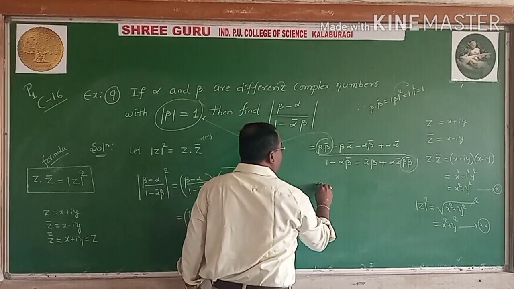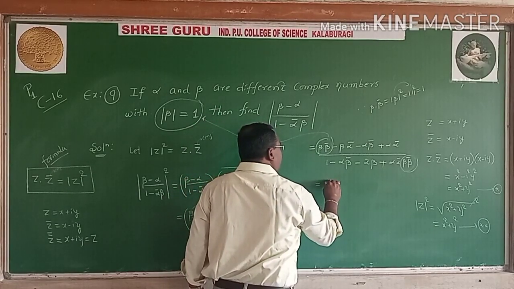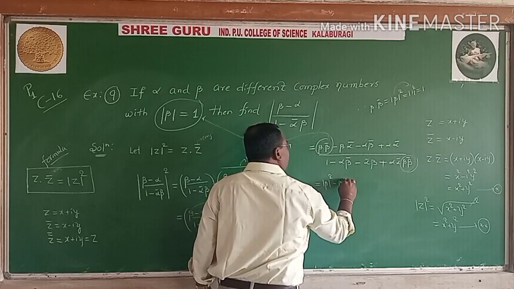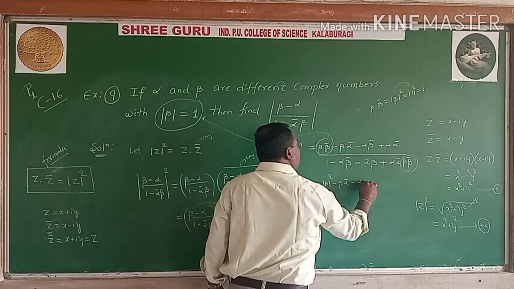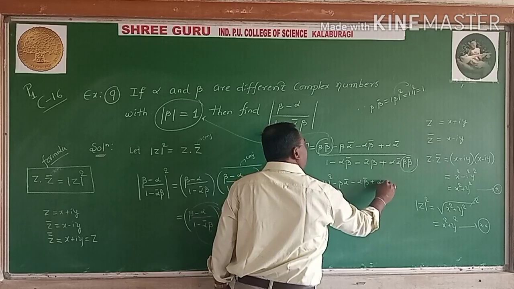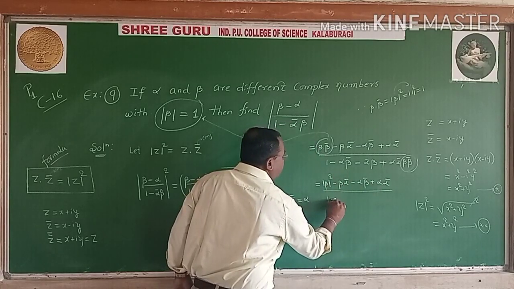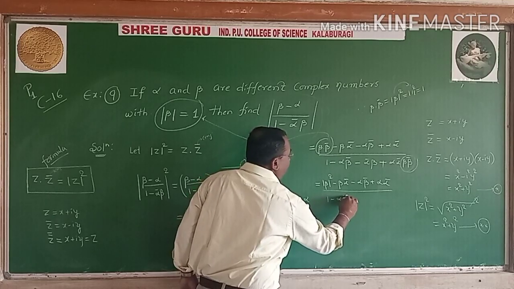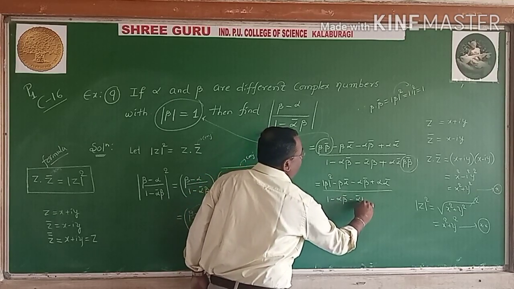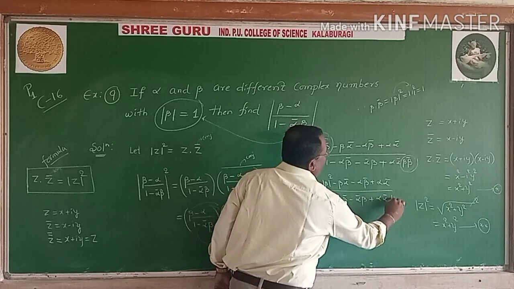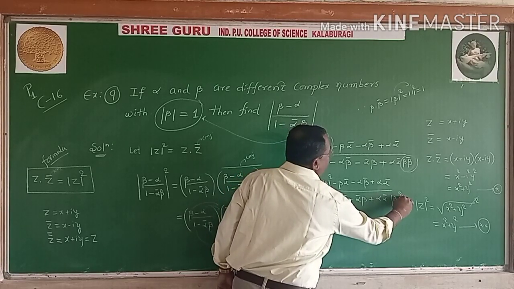That is equal to modulus of beta whole square minus beta alpha bar minus alpha beta bar plus alpha bar whole, divided by 1 minus alpha beta bar minus alpha bar beta plus alpha bar modulus of beta whole square.